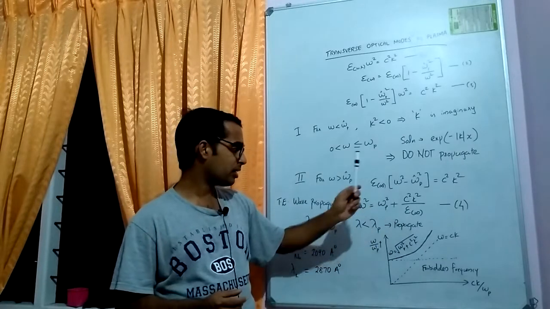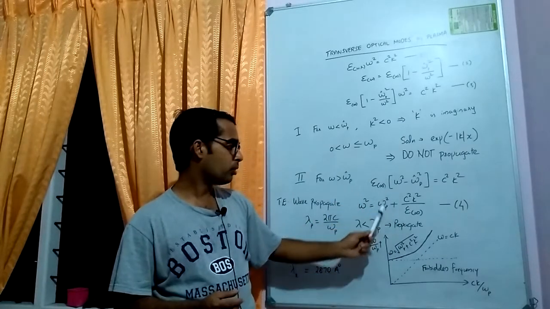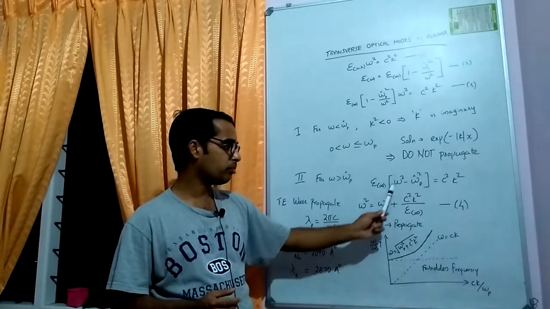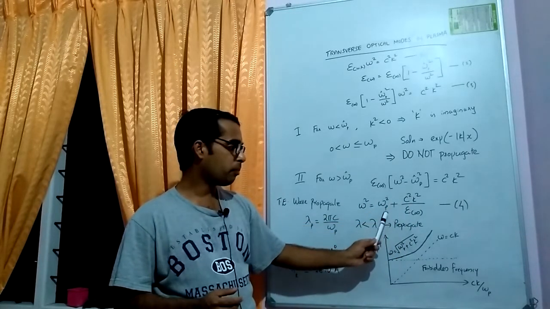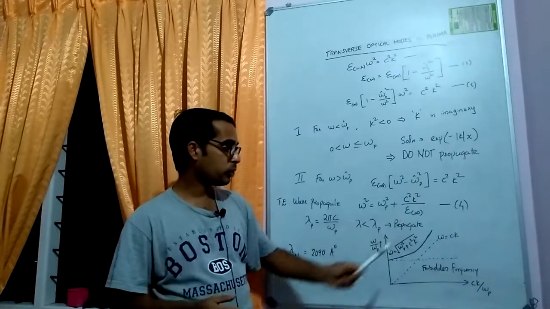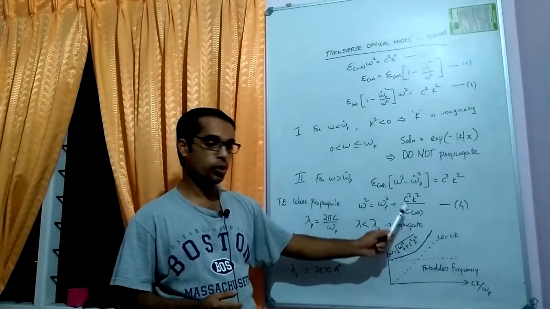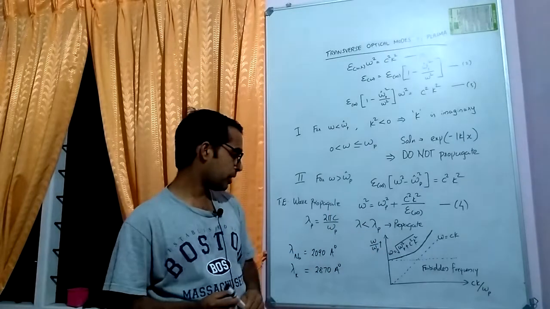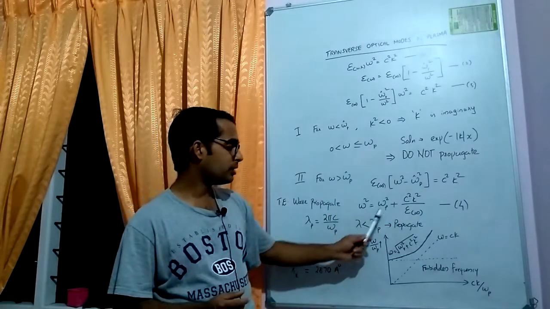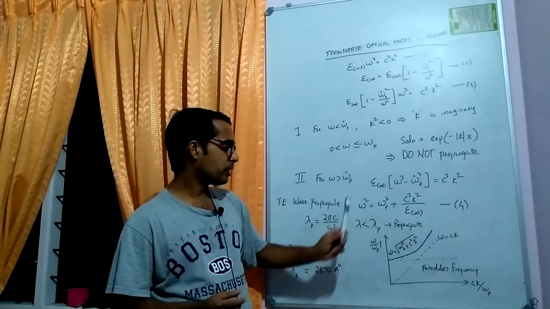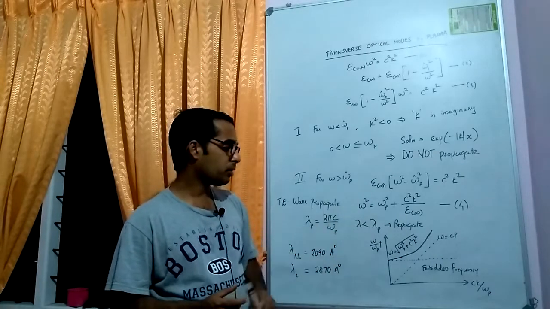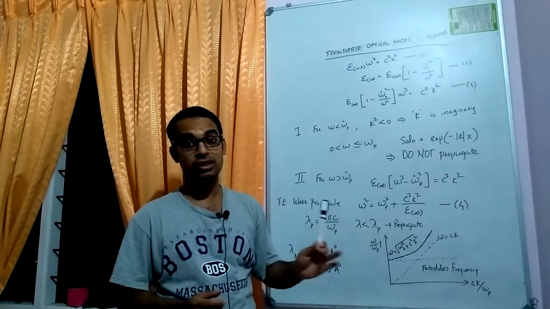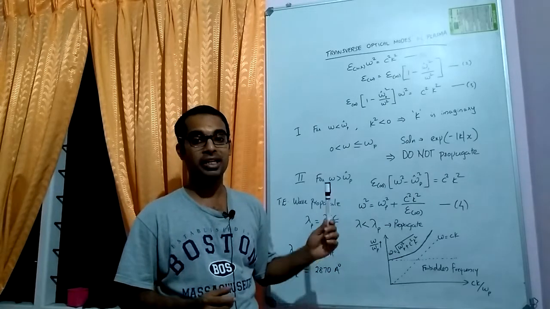If we rearrange again, you will get omega square equal to omega p square plus c square k square divided by epsilon infinity. This will be a positive quantity, and so in this frequency range the electromagnetic waves will be propagating. This corresponds to transverse electromagnetic wave propagation in the medium.